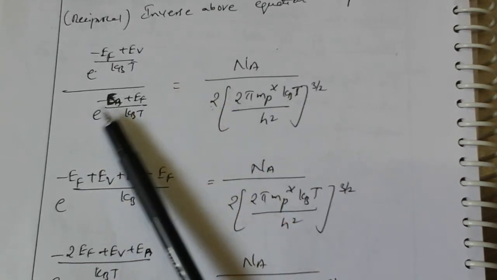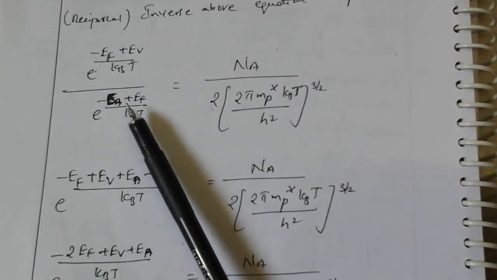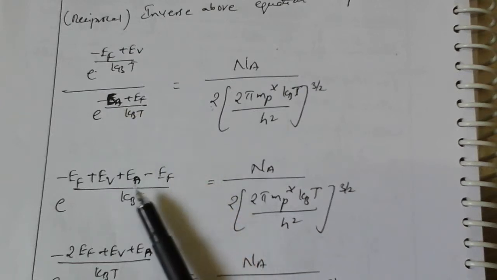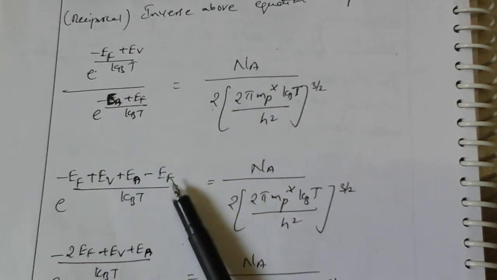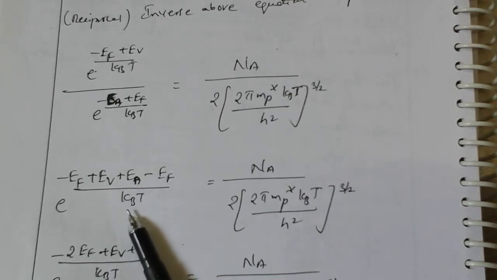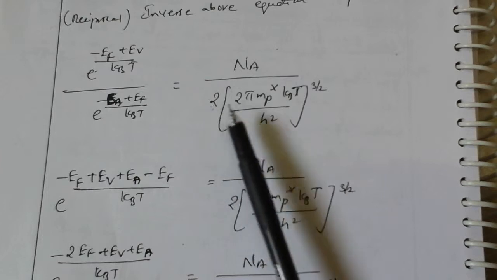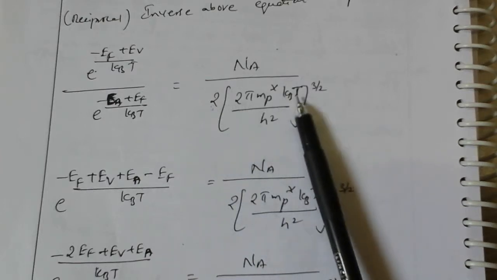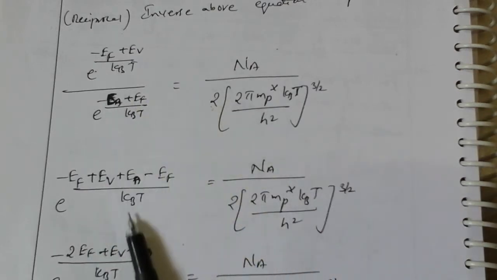Here if it goes up, it becomes plus Ea. If it goes up, minus Ef, minus Ef. It is having kBT, so we are writing 1 kBT equals Na as it is, and 2 into (2 pi mp star kBT by h square) whole power 3 by 2 as it is we have done. So left side no change, only the right side we have done from these two steps.